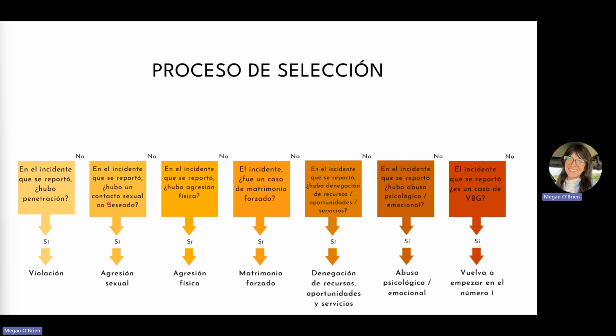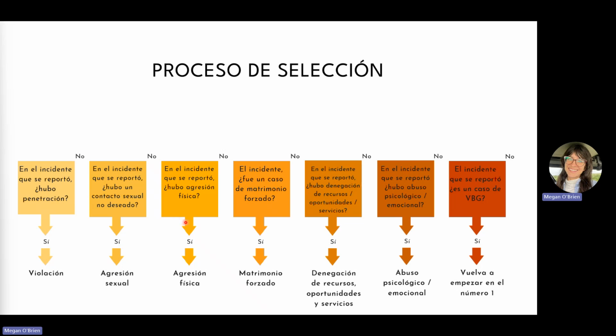If no, you'll ask, did the reported incident involve unwanted sexual contact? If yes, you'll mark the incident as sexual assault. If no, you'll then ask, did the reported incident involve physical assault? If yes, then the incident is marked as physical assault.